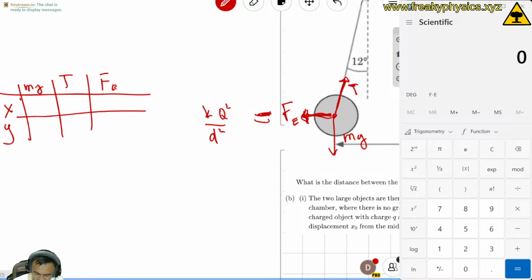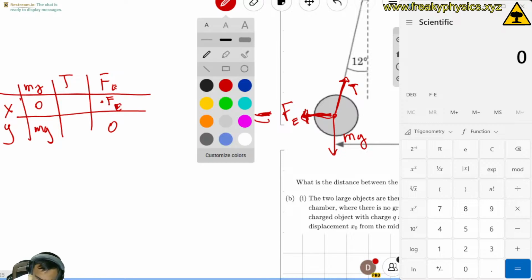On x, the mass here is going to be 0. The tension we'll get to in a while. This is going to be all FE, but negative, because in this case it's to the left. And then we can put 0 here. For the tension, that's going to be relatively simple.